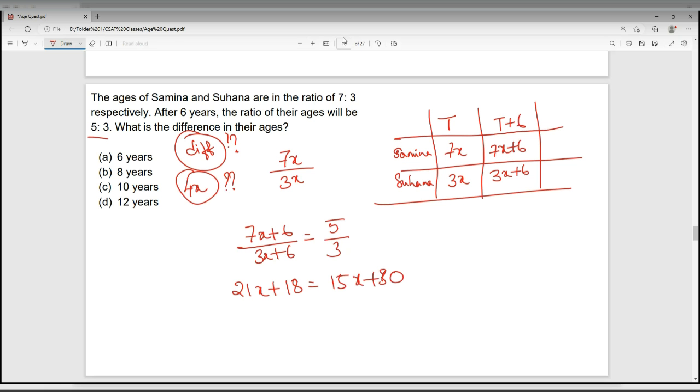Then you move this x to this side. This becomes 6x is equal to 12. Then x is equal to 2. But we need to find the difference, that is 4x. 4x is 4 into 2, that's equal to 8. So the correct option is B.